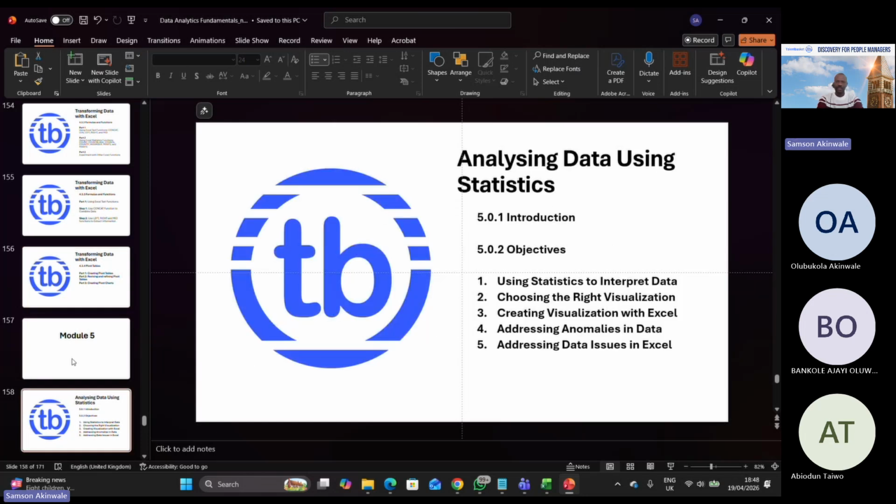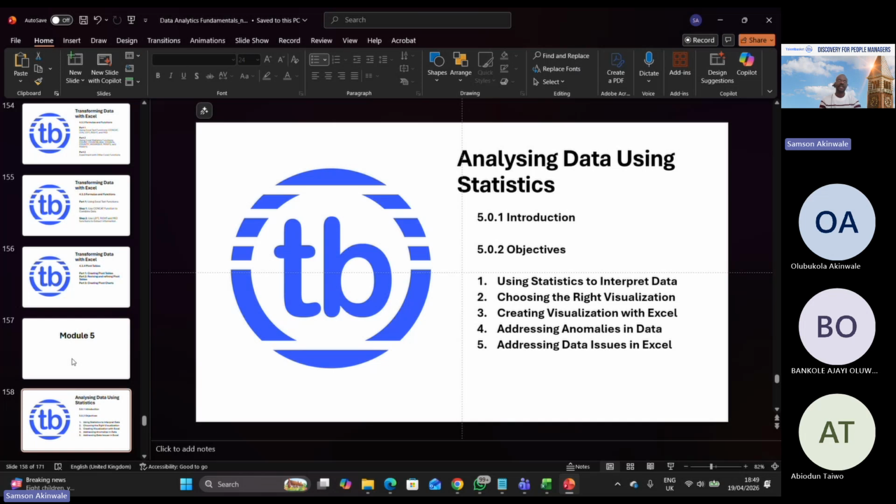So for module 5, we are going into statistics, and statistics is very, very critical and crucial for data analytics. In fact, more often than not, you cannot see a data analyst that will not understand statistics, and there is no big deal in statistics as it were.